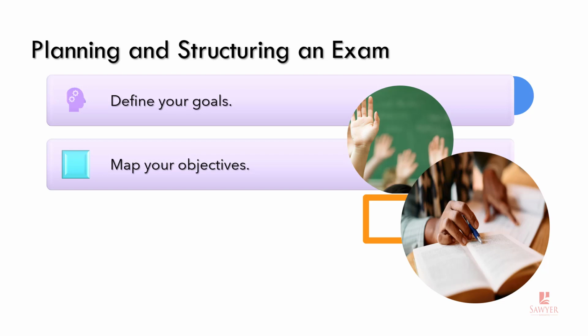And then, of course, map your objectives, the same thing that I already said in the previous part a couple minutes ago. Make sure that your question types match what units they're coming from, which objectives you covered in the class. Remember, never test anything that you didn't teach. If you gave something for homework, but you never really talked about it in class, you cannot test it.